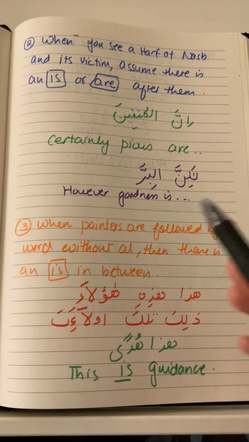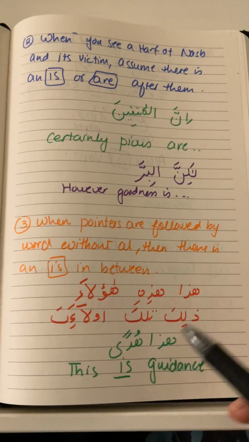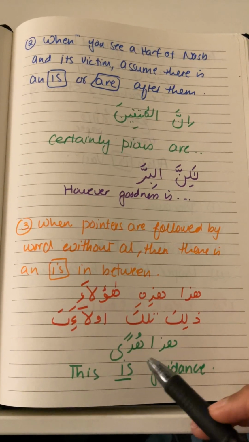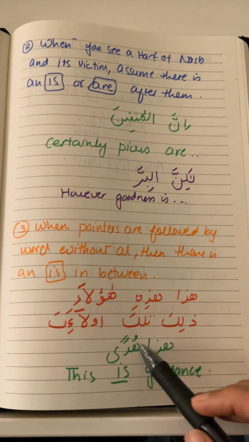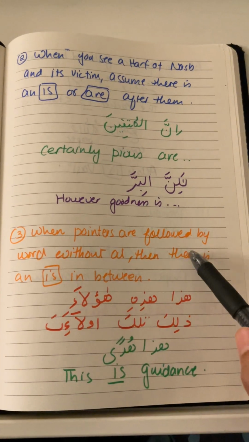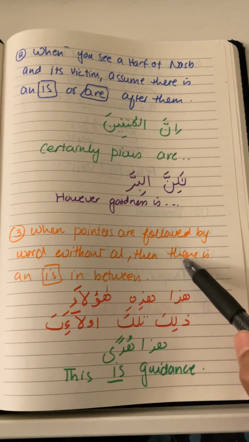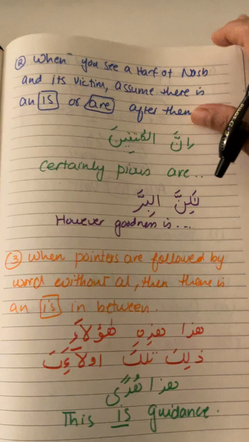Zalika, tilka, ulaika for the far things. For example, we have haza hudan. Haza means this, and hudan means guidance. We won't say this guidance, we will say this is guidance, because there is no al over here. So haza hudan means this is guidance. Whenever we see pointers that are not followed by words that have an al with them, then there is an is in between.